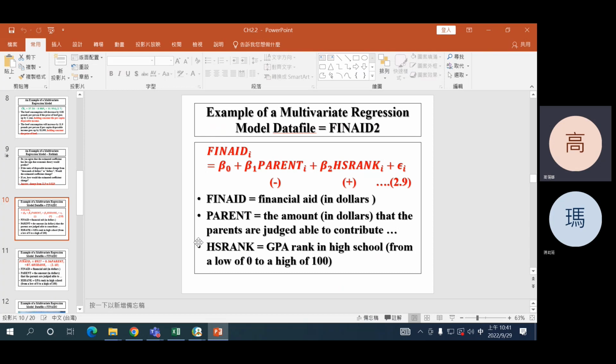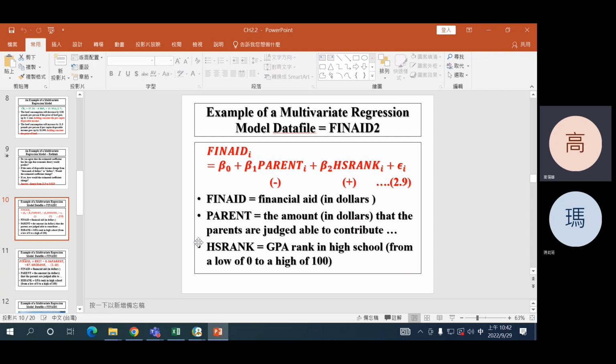The second independent variable is called GPA rank in high school, meaning the student's learning performance. What is GPA? Usually this is called accumulated average points, maybe over three or four years in high school, and you get the average score.